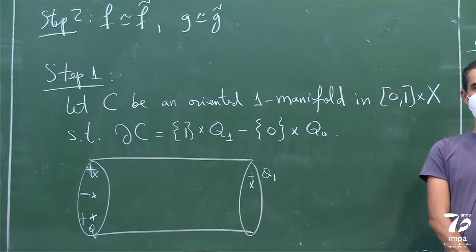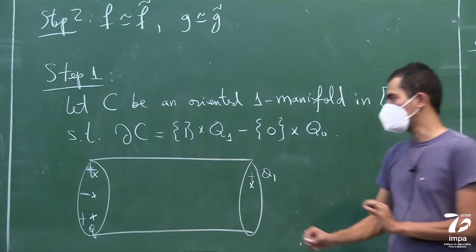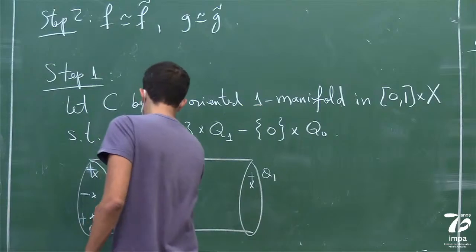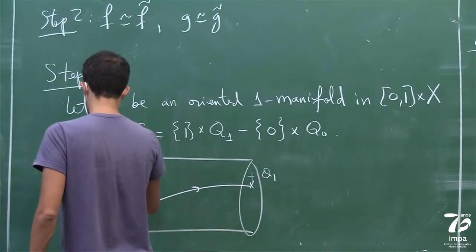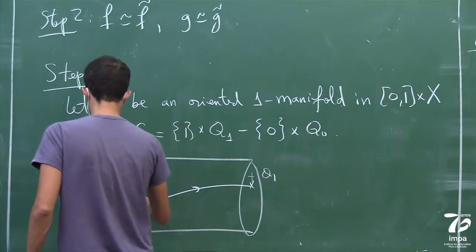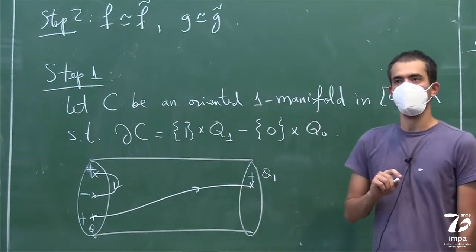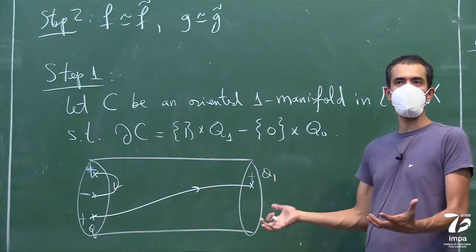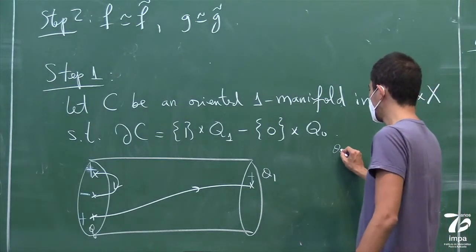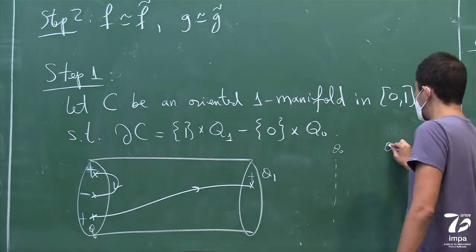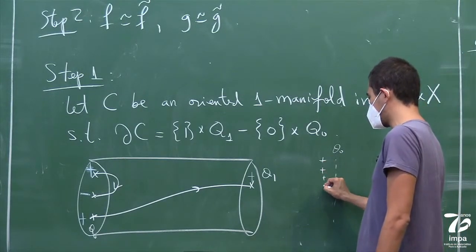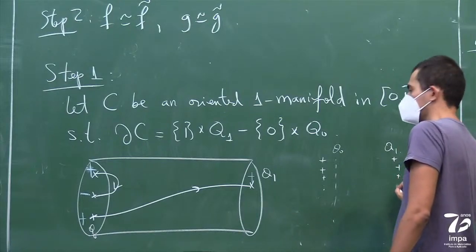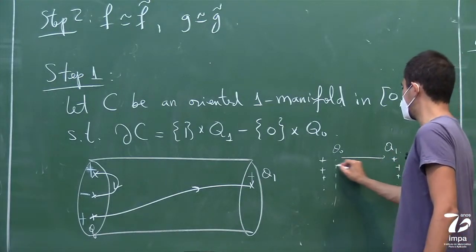So what I want to do is connect these points in the following way. Say, for example, if I have this example, I can do this. And then here I can do this. So what exactly am I doing? You can think of Q0 as being a list of points, and Q1 as being a list of points. You can put the positive ones first, and then you match like this.